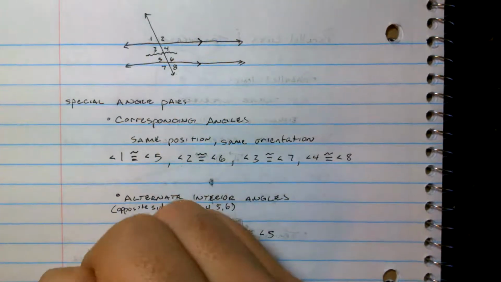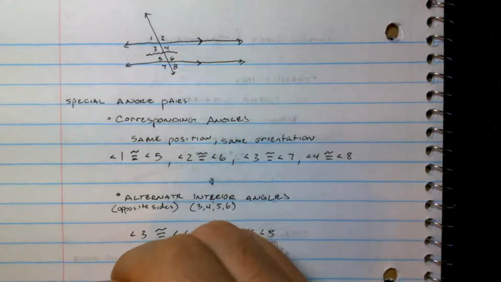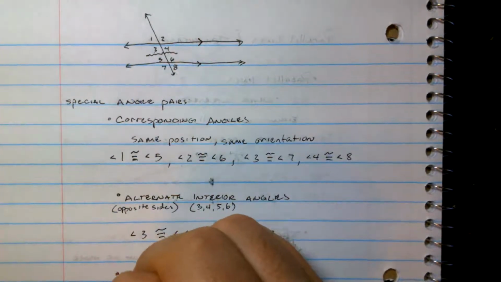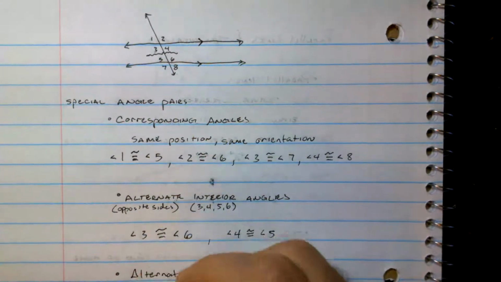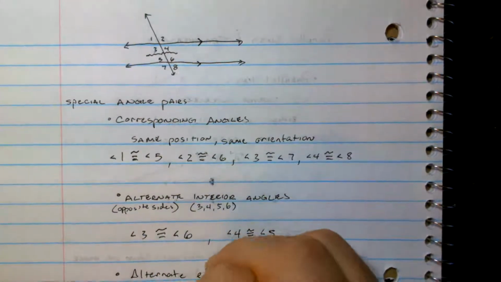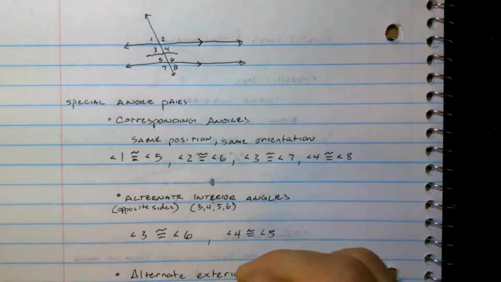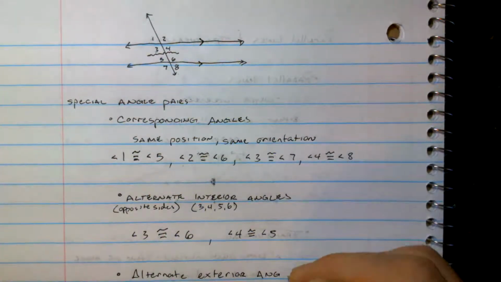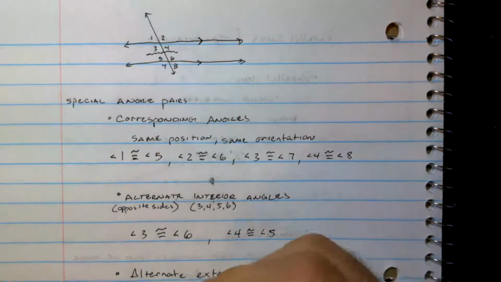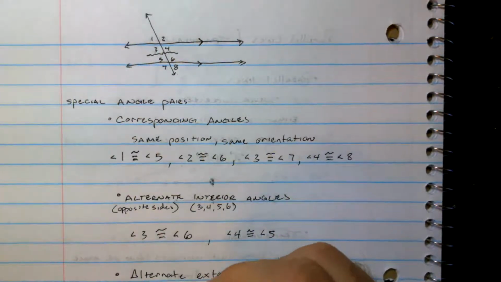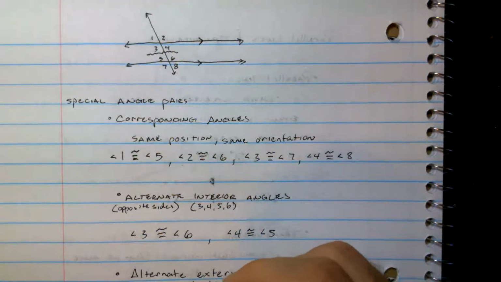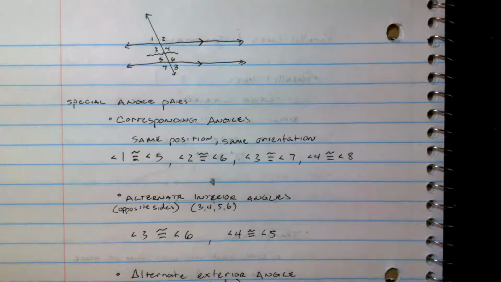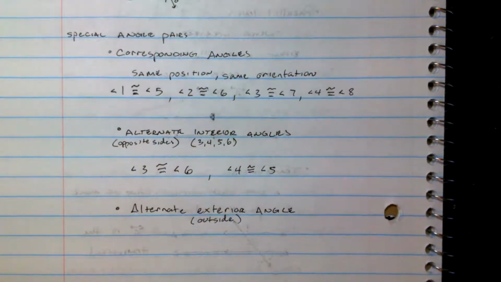Okay. So next, we're going to go to alternate exterior angles. Okay. So what does exterior mean? Exterior means outside. So these are the outside angles in our picture.